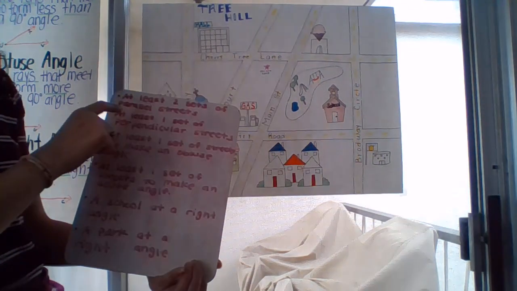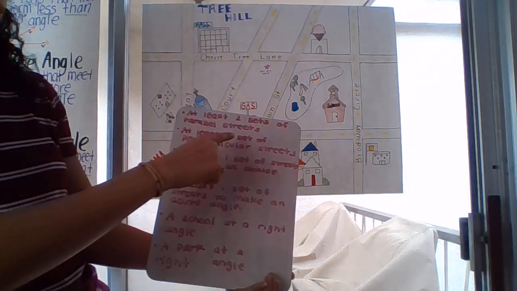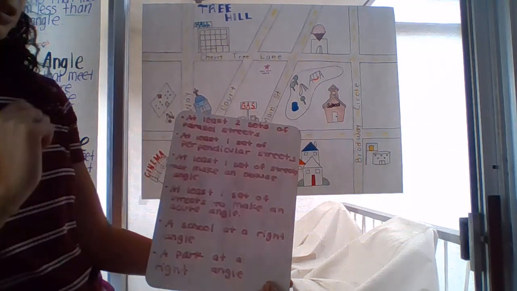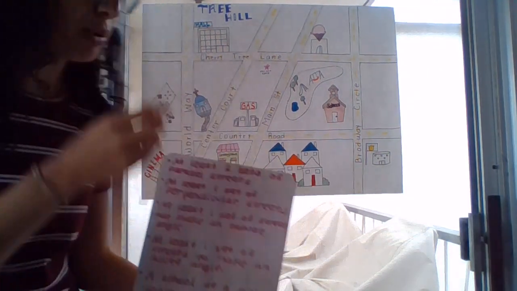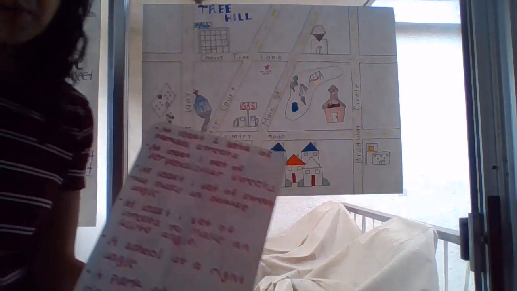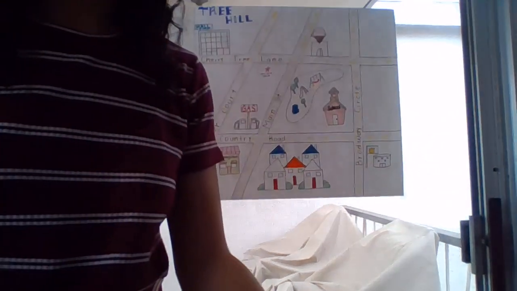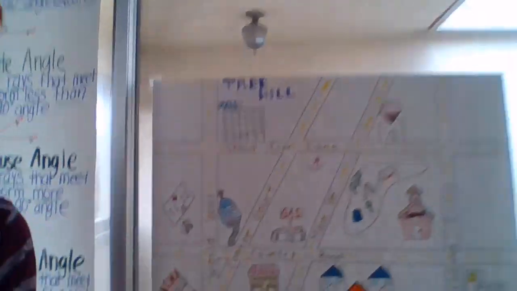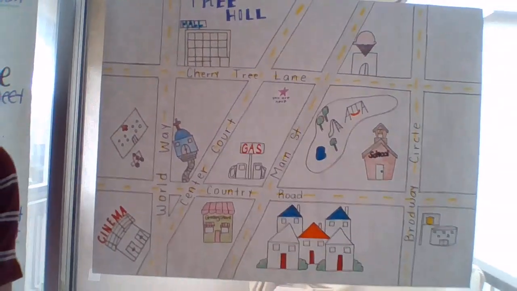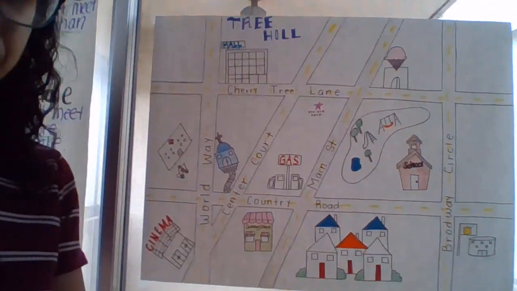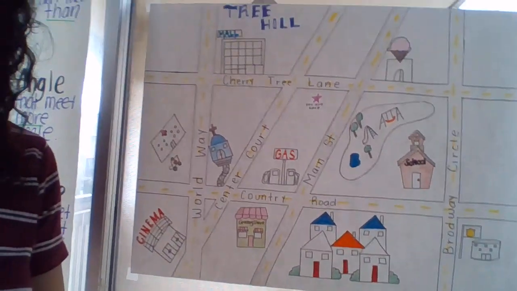Then we need at least 1 set of perpendicular streets. Remember, perpendicular forms a cross. Do we see anything that forms a cross? I see a few.